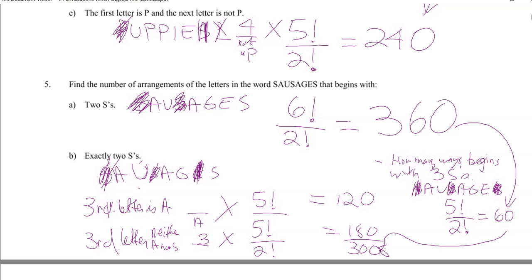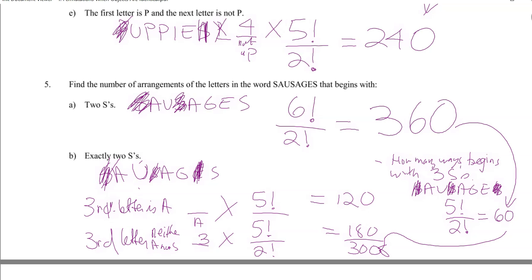Then when it asked for exactly 2 S's, we said, well, exactly 2 S's means it doesn't begin with 3 S's. And 3 S's, like 2 S's, is pretty easy to figure out, right? Get rid of all the S's. What's left? 5 letters. 2 of them are the same. So 360 begin with 2 S's or 3 S's, right? 2 or 3 S's is the 360. 60 of those begin with 3 S's.